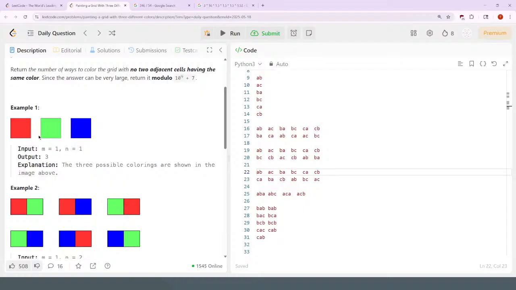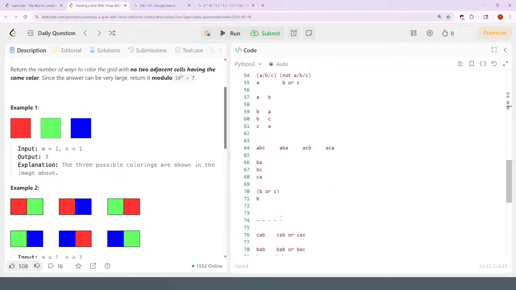How many ways can I fill out the first color with red? 1, green, 1, blue, 1. And then how many ways can I fill out the one next to it? Well, if it's red, okay, yeah.